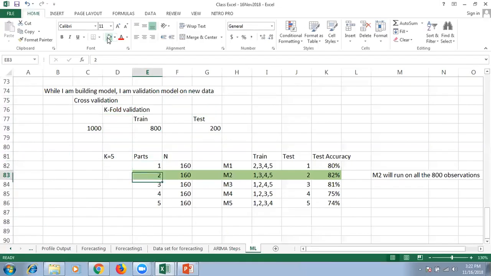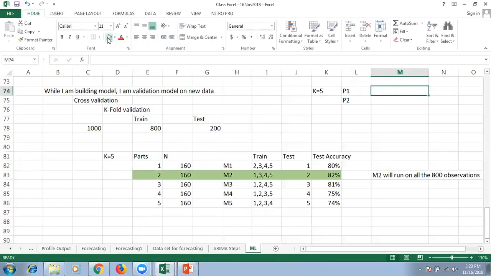Right? So now you understand what cross validation means. Now, for example, if I'm giving K equal to 5, and my p, d, q are some tuning parameters you have, parameter 1, parameter 2.